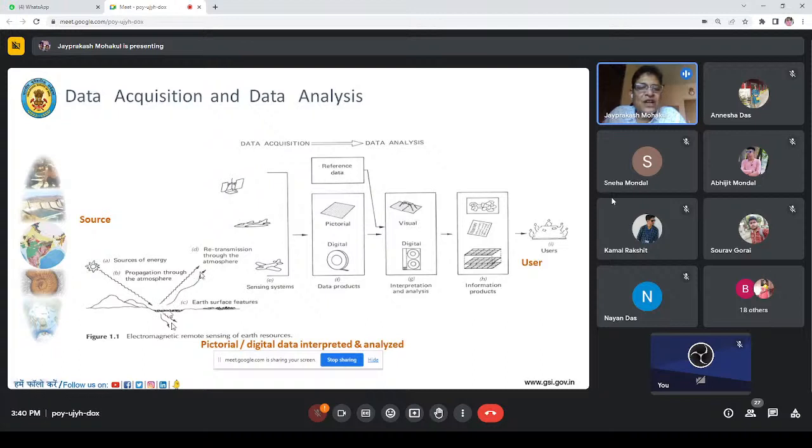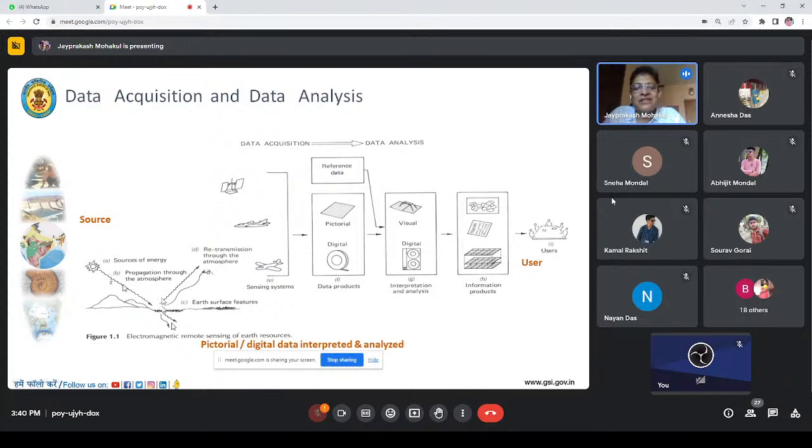As it moves through the atmosphere, it also gets retransmitted. It comes here and goes back, but in the atmosphere it takes a variety of paths, depending on whether it travels in a straight line. There are also several obstacles, like clouds and particulate matter.